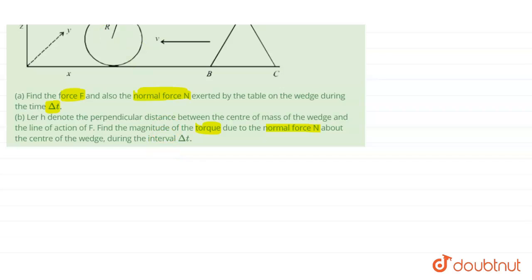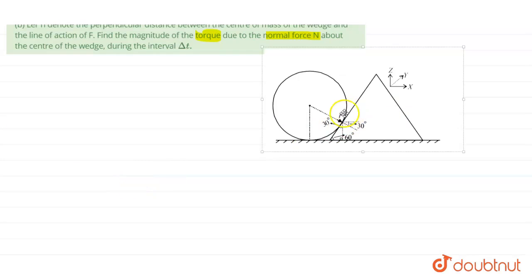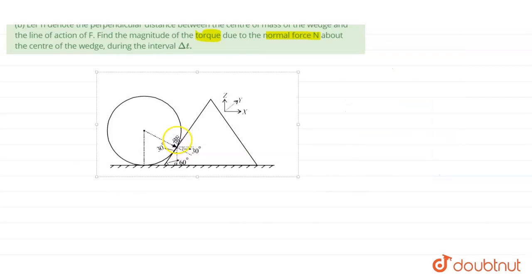So I will give a layout for the diagram during the collision. This is a figure which represents the collision. Here we can see the components of force. Since it is an equilateral triangle, here we can take the angle as 60 degrees and the force is here, and here the angle becomes 30 degrees.